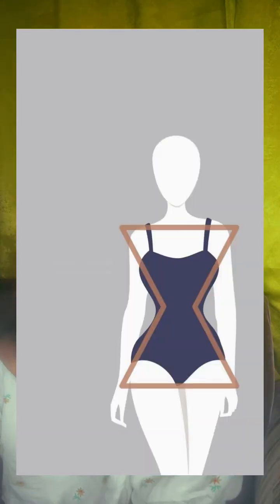It means somebody with very broad shoulders or very busty, and then the lower part is slimmer. That means from the hip side it is slimmer. Then the person is an inverted triangle body shape. Okay, let's go on.